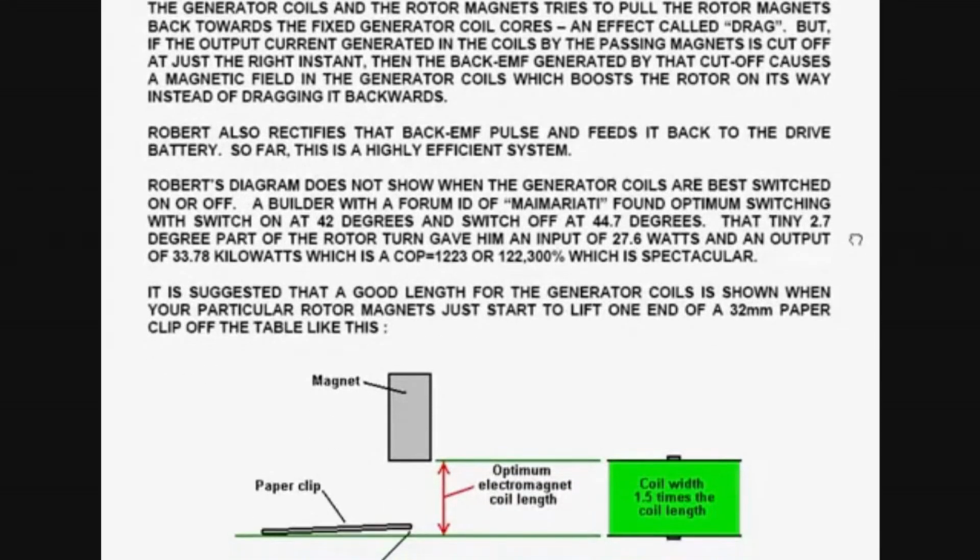The reason is the same as for the drive coils. If you don't cut off the electrical connection, then the attraction between the solid iron cores of the generator coils and the rotor magnets tries to pull the rotor magnets back towards the fixed generator coil cores, an effect which is called drag.